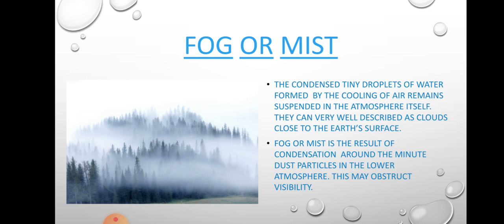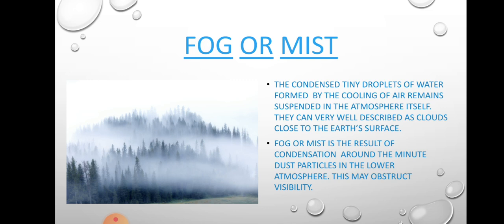This is known as fog or mist. That is, cloud is coming near to the earth's surface. We feel that cloud is coming near to the earth's surface. This is known as fog or mist. This is another form of condensation.